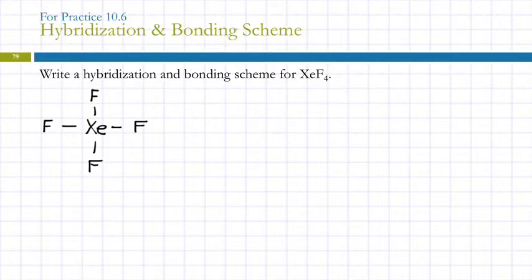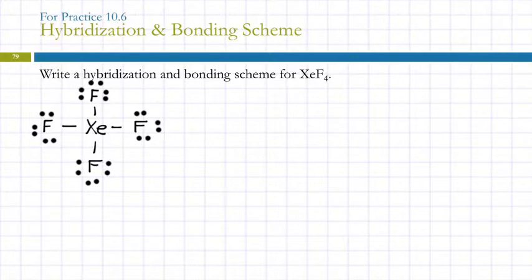We've got 4 fluorines at 7 electrons each, so that's 28. And xenon has 8 valence electrons, so that gives us 36. I already have 2, 4, 6, 8, 10, 12, 14, 16, 18, 20, 22, 24, 26, 28, 32, 34.